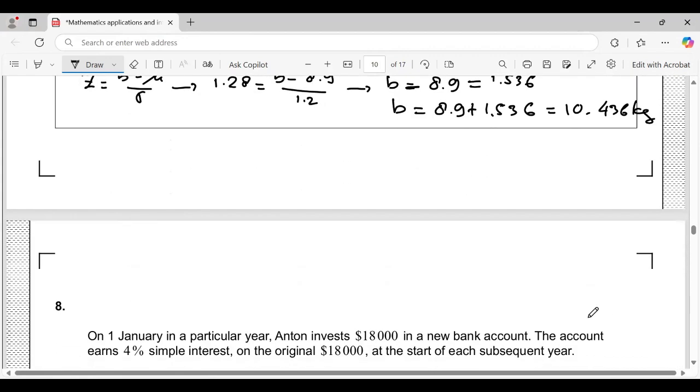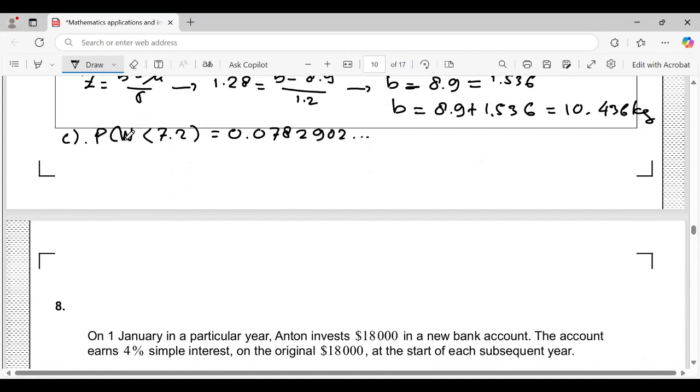From part A, we already know that the probability W less than 7.2 is 0.0782902, taken from the calculator.